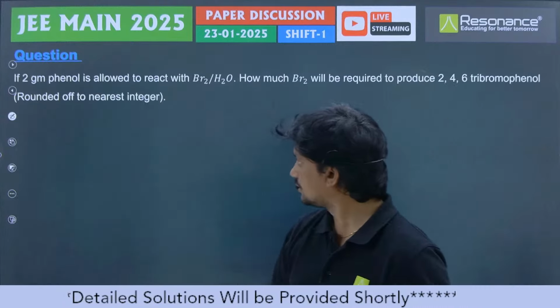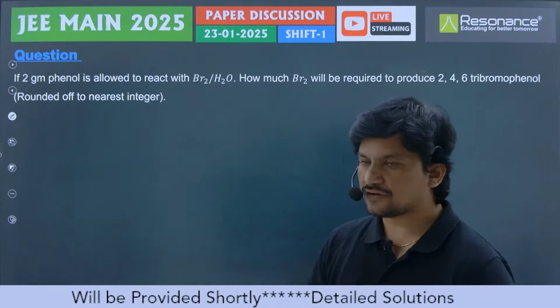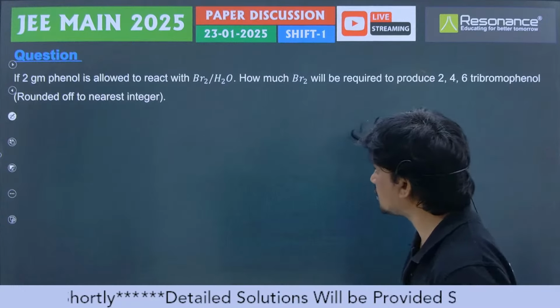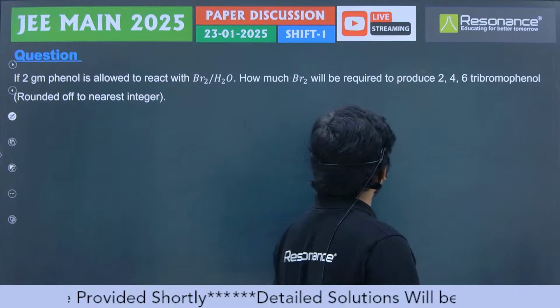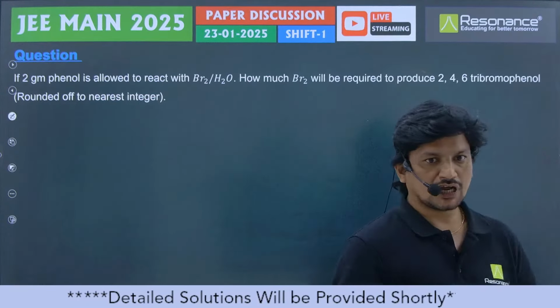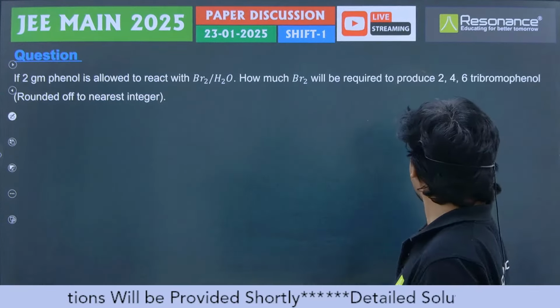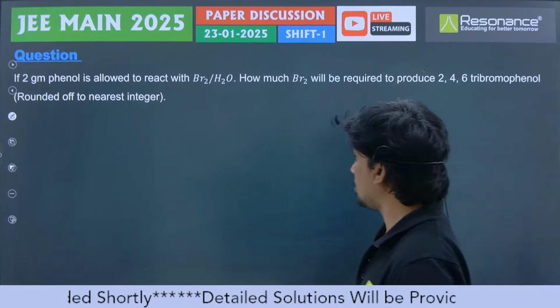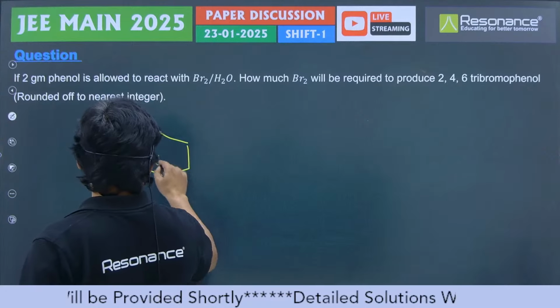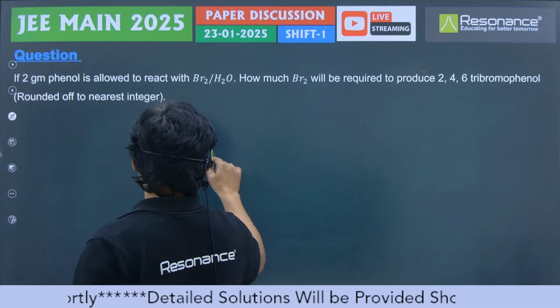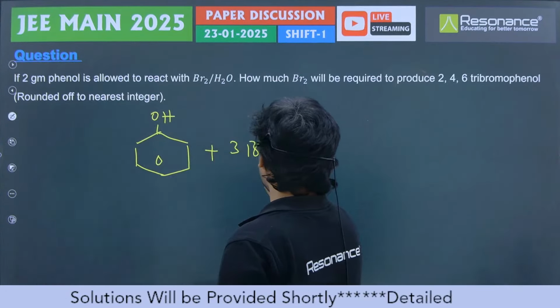So that's right. What is the question? If 2 grams of phenol is allowed to react with bromine water, how much bromine will be required to produce 2,4,6-tribromophenol? Round off to the nearest integer. Right. See here, 1 mole of phenol requires 3 moles of bromine.